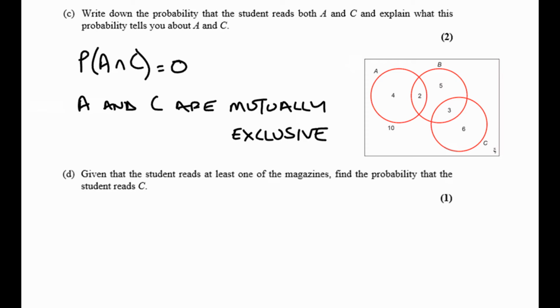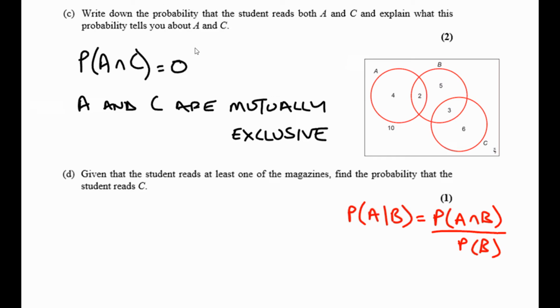Okay, given that the student reads at least one of the magazines, find the probability that the student reads C. So we're going to make use of our given formula. Probability of A given B equals probability of A intersection B all over the probability of B. Event A is the fact that a student reads magazine C, and the event B, the given event, is that the student reads at least one of the magazines.